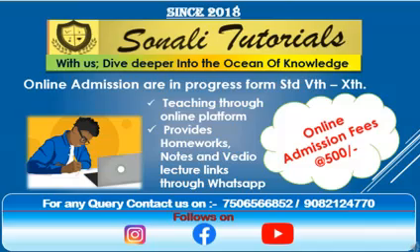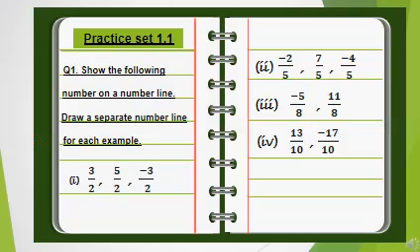Now students, we will come to our practice set 1.1. Friends, in this practice set 1.1, we will come across two types of questions. So students, here is our first question.